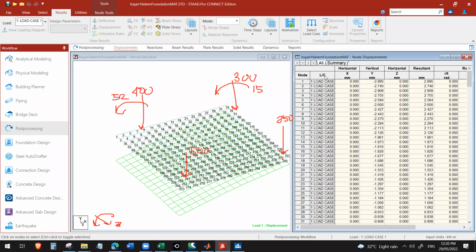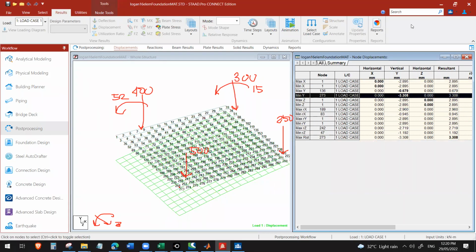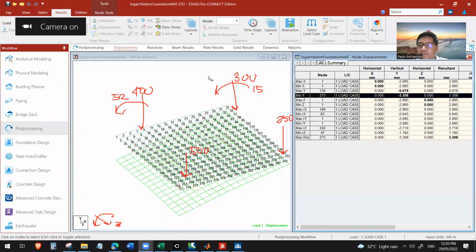As a user or as a designer, look, I assumed only 10 mm displacement for a 450 kilopascal. So I obtained a 50,000 kilonewton per cubic meter subgrade modulus, and I only obtained a settlement or displacement of 3 mm.